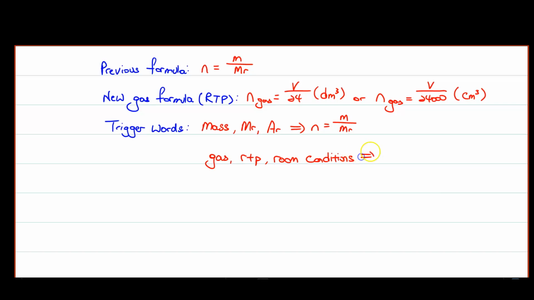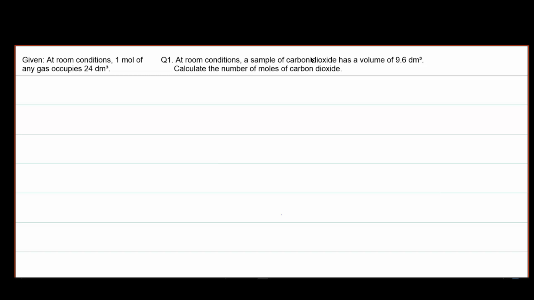You use the formula N equals V over 24 or V over 24,000.